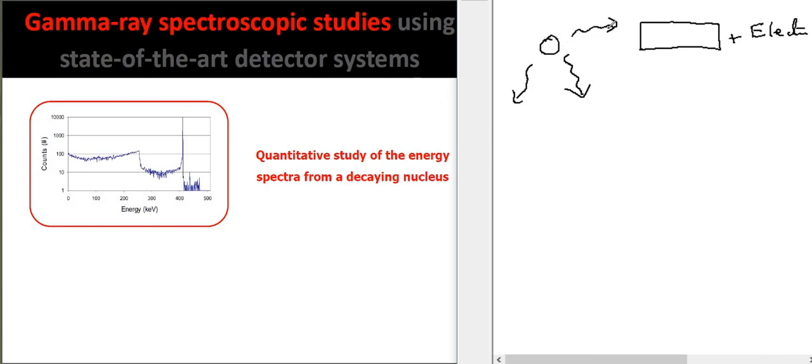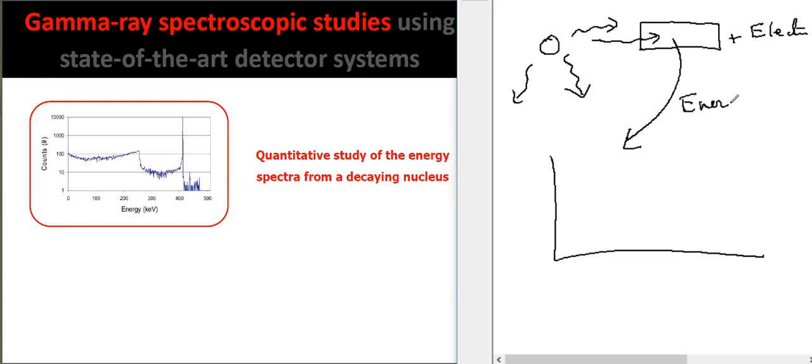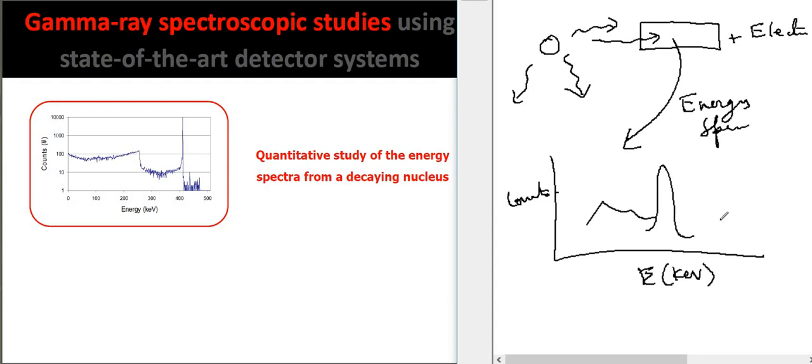When the gamma ray enters this detector, it interacts with it, right? And as a result of this interaction, what we will see is a spectrum. And what is the spectrum? The x-axis is basically energy, so we are observing the energy spectrum. This is energy in keV, and here is just counts. And you can see many things as a result. We will talk about it.